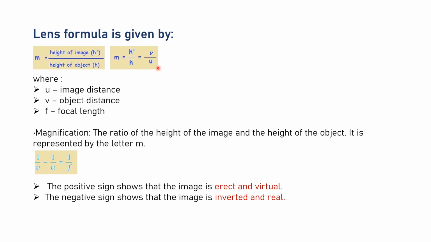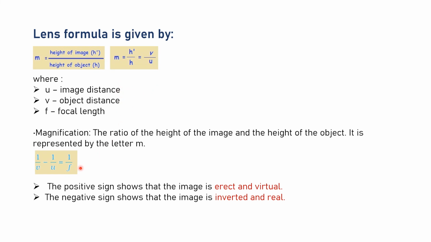Children, if you remember, in case of mirror it was minus v upon u. So the magnification formula of lenses is just opposite, that is the sign is not the same. Here the sign is positive v upon u, or just v upon u, right? So u is object distance, v is image distance, f is focal distance, right? So this was about magnification.